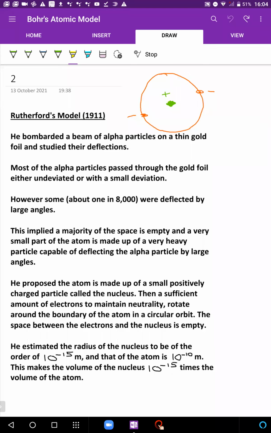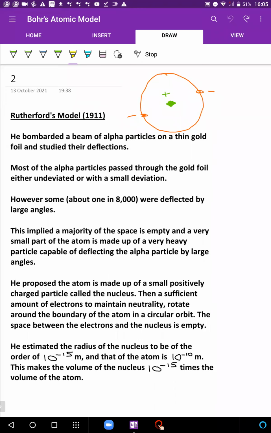The basic building block, an atom, has the majority of its mass lying in a very, very, very small part of the atom. Okay? And the rest of the mass, which will be quite small in comparison, the electrons' mass, they are floating around the space surrounding the nucleus. So it was quite, I think, revolutionary at the time.